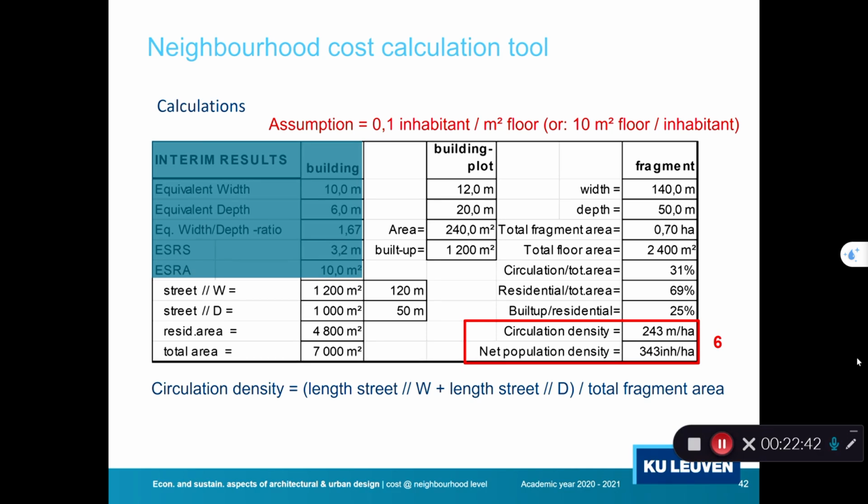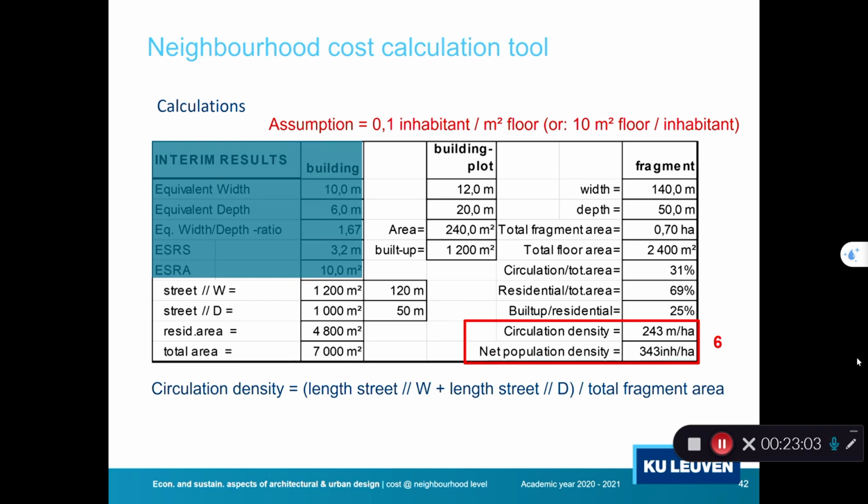But for comparative purposes, we will first look at this, assume the same density for all of you. 10 square meters floor per inhabitant is equal to 0.1 inhabitants per square meter floor. And with that, of course, we can calculate the net population density.